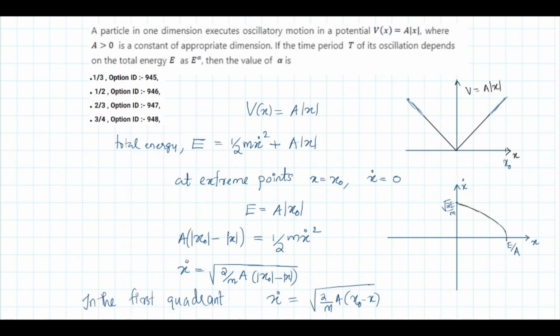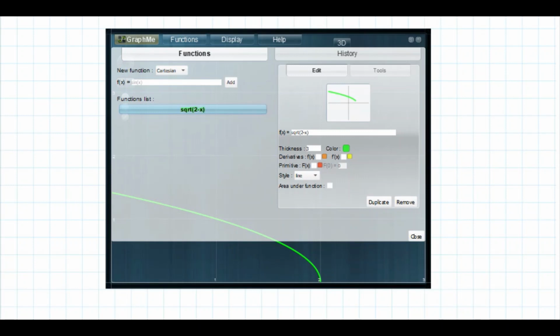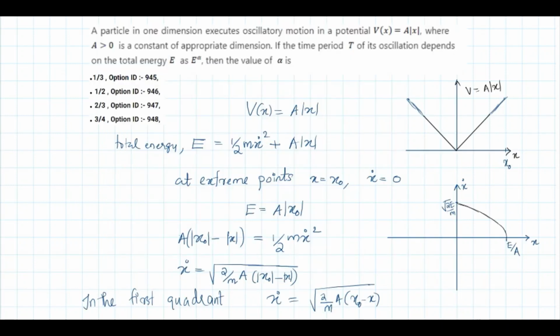It is not a straight line because this equation is quadratic, and this is the plot of the function. I will show you the function. It is square root of 2 minus x. In our case also it is something like square root of some constant minus the variable. So the graph will be something like this, and this is only the first quadrant.